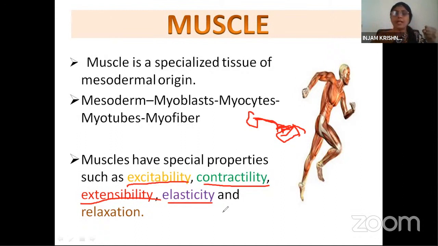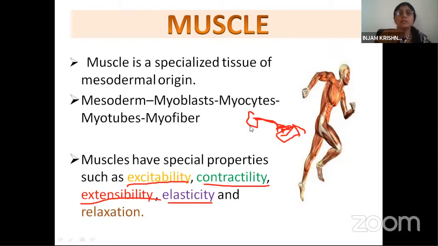Elasticity means not only stretchability, but after the force is withdrawn, they come back to normal position. And relaxation. They are able to relax, they get the normal position. Such properties result in muscular movement. So the muscle has a vital role in our muscular movement.